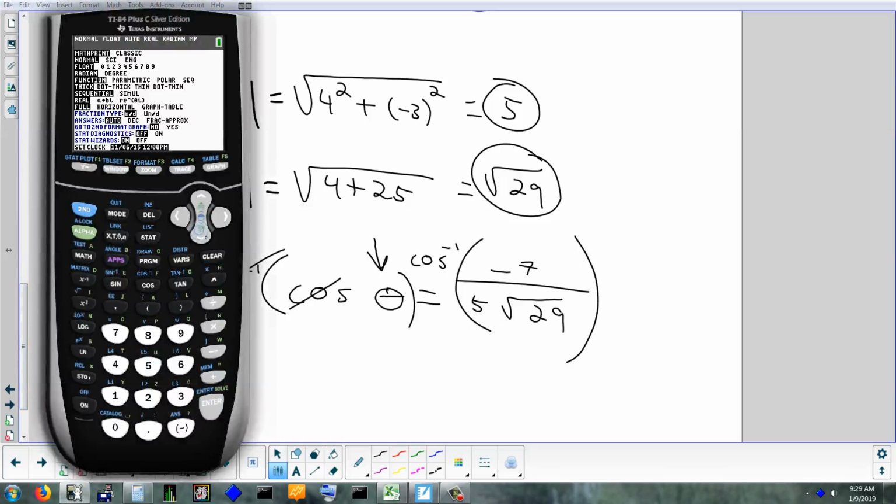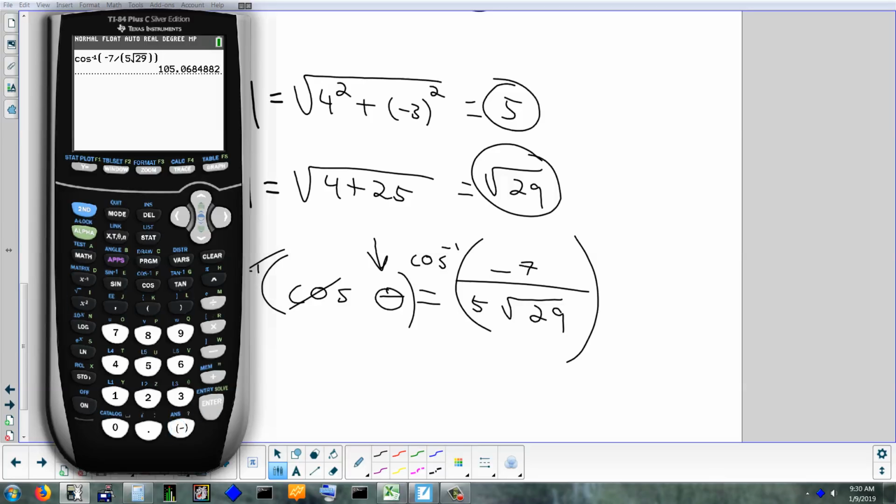So inverse cosine of -7 divided by 5 square root 29. Why do we have to do the inverse? To get rid of the cosine on the left. So I'm going to close the parenthesis for my denominator, and close the parenthesis for the inverse trig.